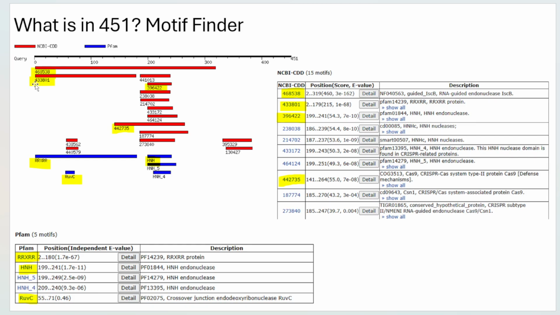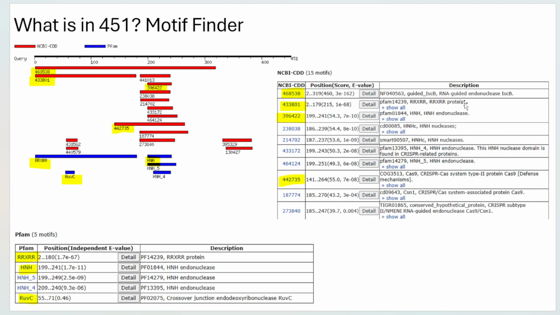The next one, 433801, which covers roughly 2 to about 179 in the position of this query of 451, suspects that there is an RRXRR protein. This is essentially just an overall nomenclature, I guess you could say, for RuvC proteins.